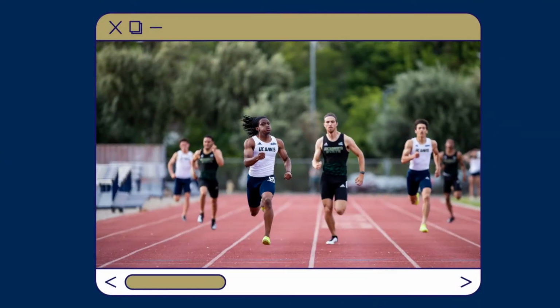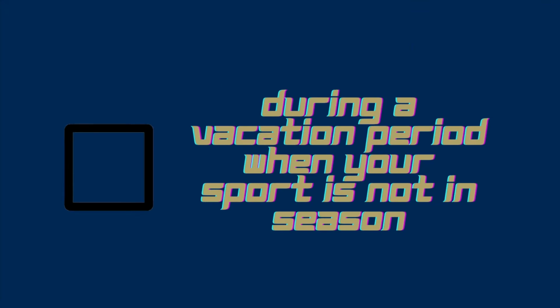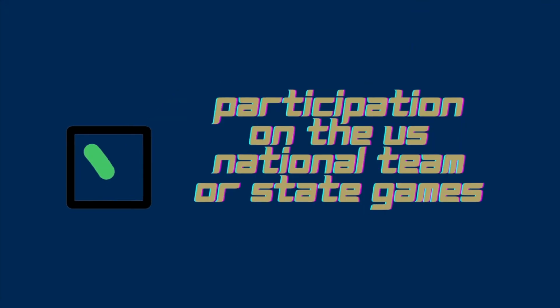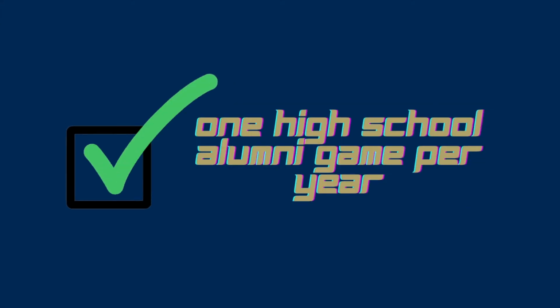General exceptions to the outside competition rule are during vacation periods when your team is not in season, participation on the U.S. national team or state games, and you are permitted to compete in one high school alumni game per year.